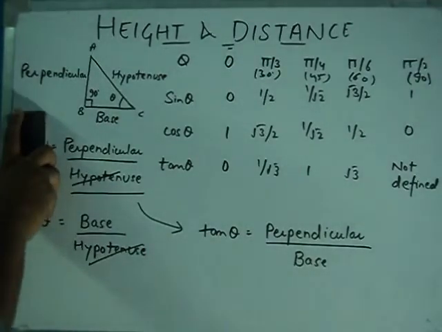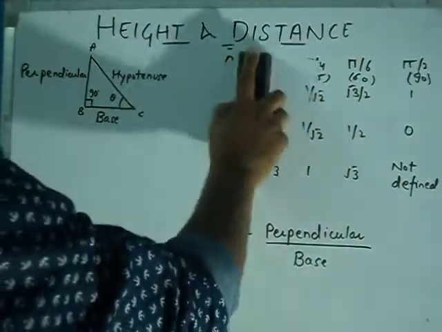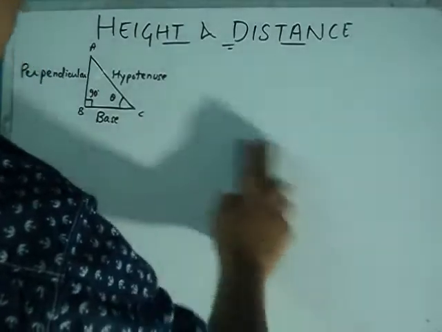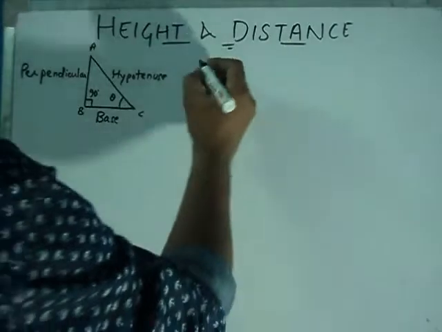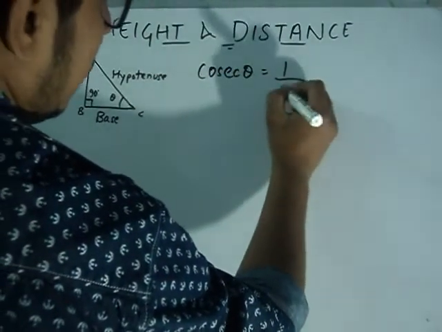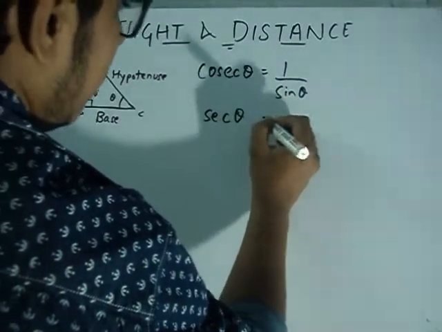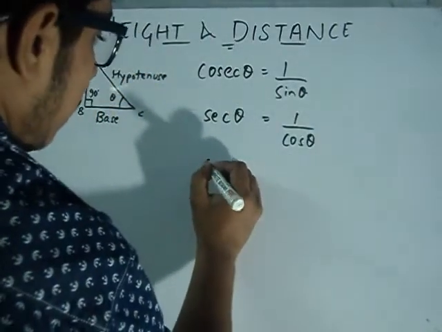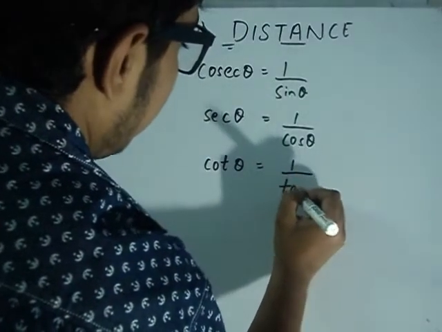There are three more ratios also: cosec theta, sec theta, and cot theta. Cosec theta is the reciprocal of sin theta, sec theta is the reciprocal of cos theta, and cot theta is the reciprocal of tan theta.